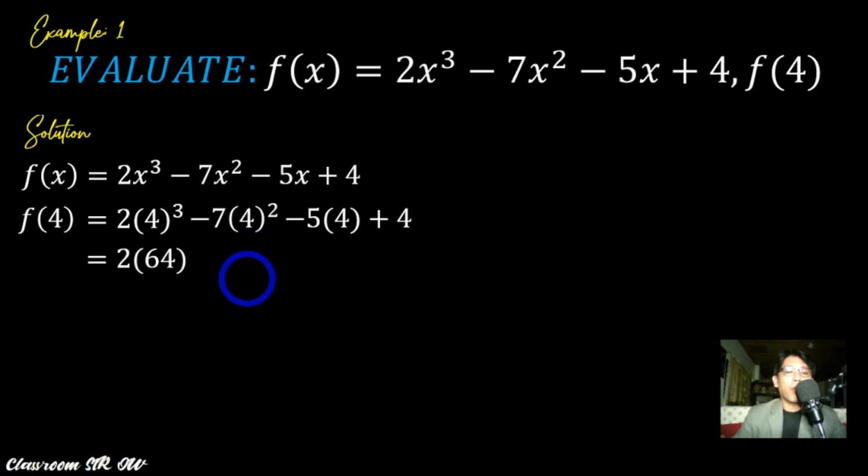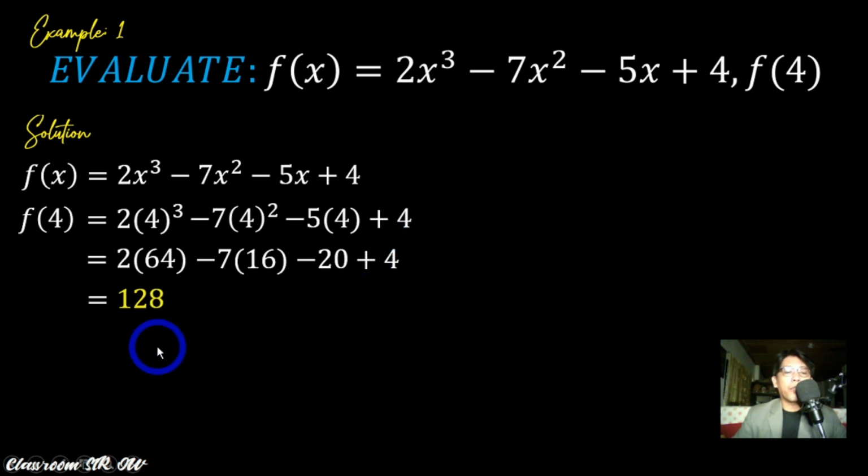And we know that 4 squared is of course 16, and negative 5 times 4 is negative 20, copy 4. So 2 times 64 is of course 128, and negative 7 times 16 is of course negative 112, and negative 20 plus 4. If you notice, I already highlighted the terms that are similar.